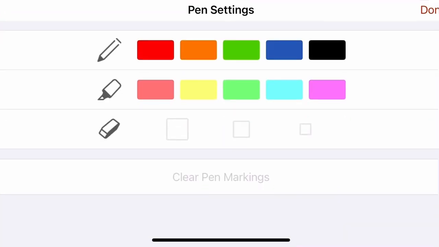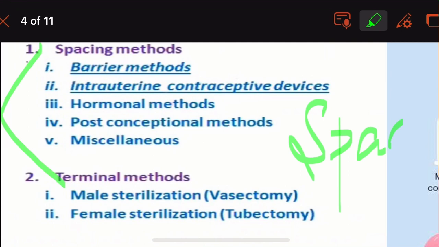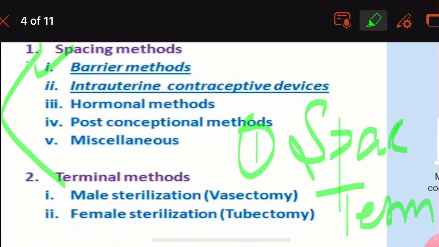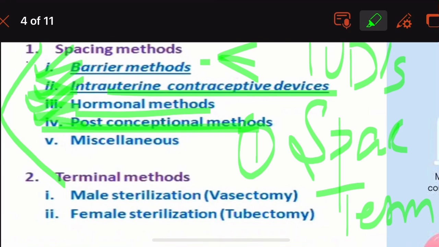Let us see, the methods are classified into two: spacing methods and terminal methods. In the spacing method, we have barrier methods, which are physical, chemical and combined, then intrauterine contraceptive devices (IUDs), hormonal methods, and post-conceptional methods.